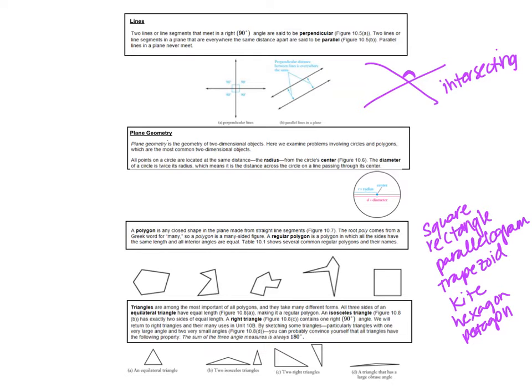However, we just want to generalize them and say a polygon. So a polygon is any of those types of shapes. A regular polygon, for example, would be one that has all of the same angles and sides. For our 4 sides, that would be a square.